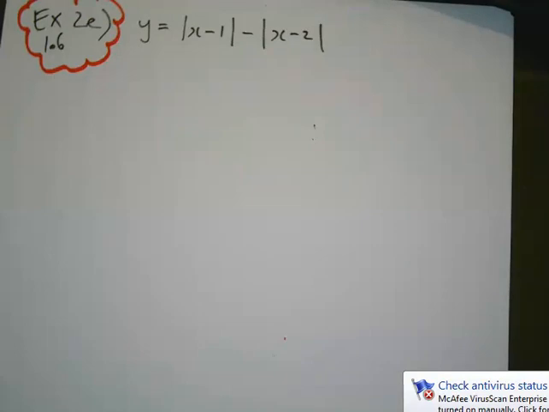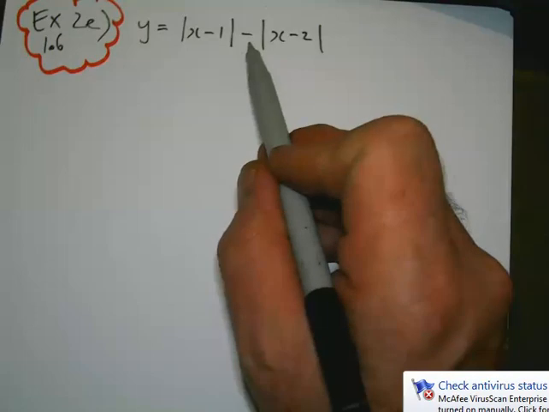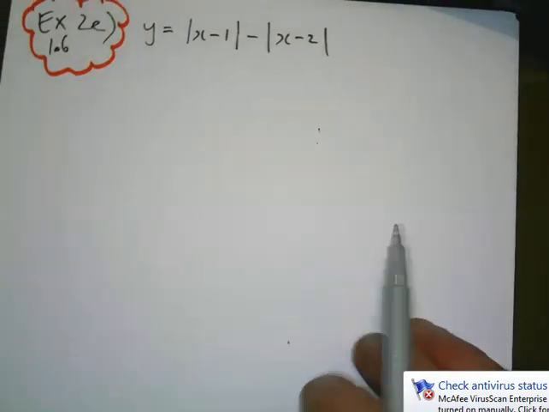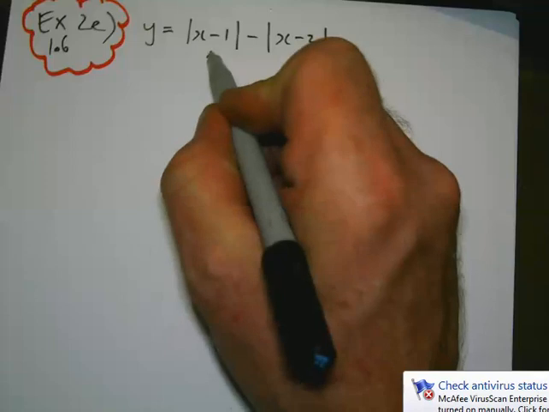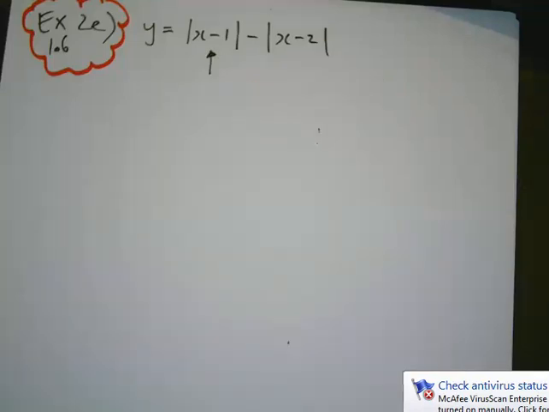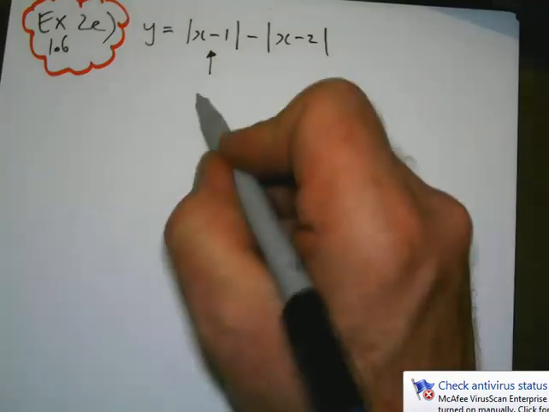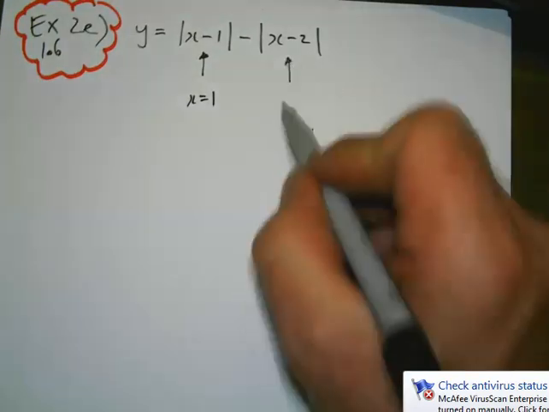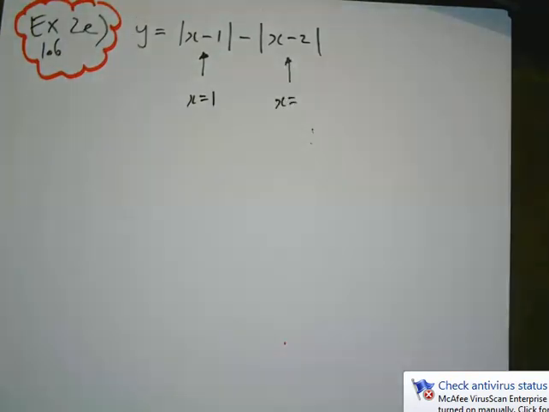Exercise 2e out of 1.6. Instead of having the addition of modulus, I've got the subtraction of modulus, but that's okay, I'll use the same process. For this modulus, what is the value of x that makes that equal to 0? It's x equals 1. What is the value of x that makes that equal to 0? It's x equals 2.